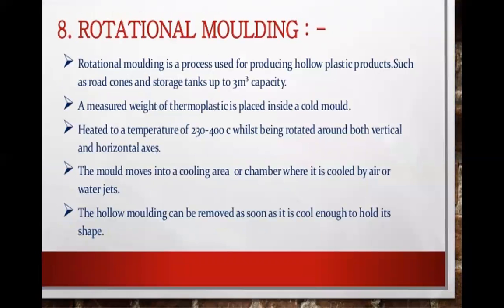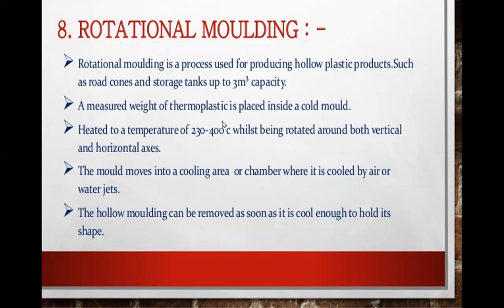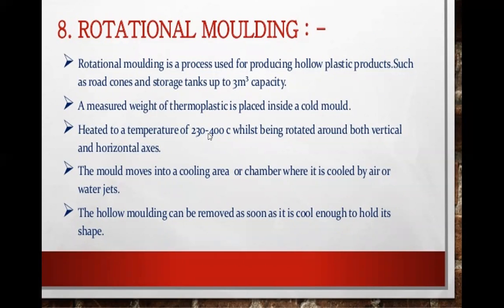Coming to the last method, that is rotational molding. Rotational molding is a process used for producing hollow plastic products such as tubes, pipes, rope cones, and storage tanks. In this, a measured quantity of plastic material is placed in a cold mold. After that, the temperature is raised up to 230 to 400 degrees centigrade.